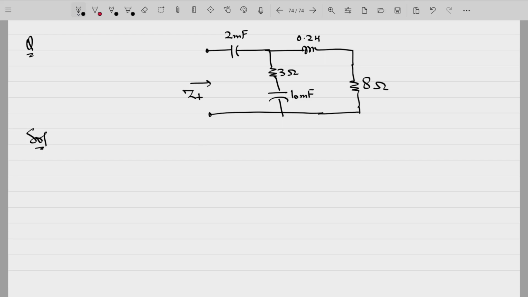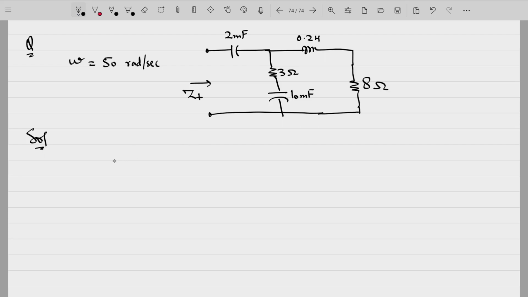To find the impedances, one important thing we need to know is the value of omega. Let omega given here be 50 radians per second. So we can now first find the individual impedances.